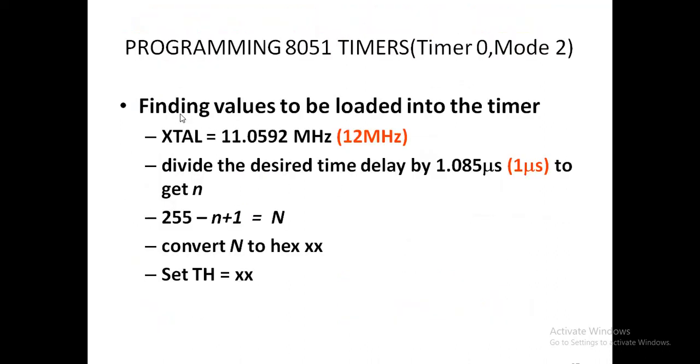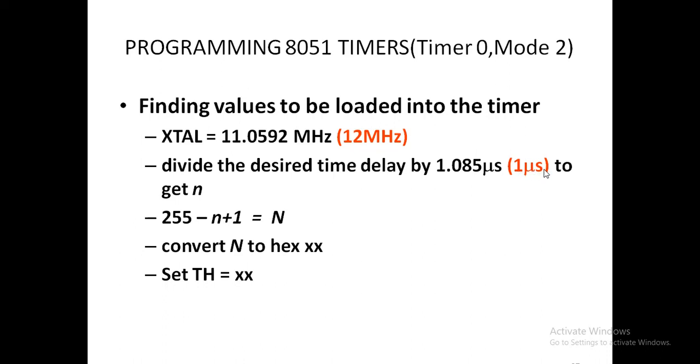Okay, fine. Here the values to be loaded in the timer are marked in red color, because in this lecture I am using the crystal oscillator frequency as 12 MHz. So 12 MHz divided by 12, you will get 1 microsecond. That is the desired time delay for this program. So at every event the register is incremented by 1 microsecond.